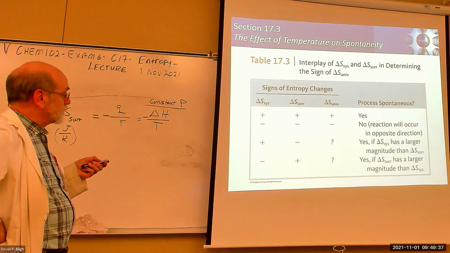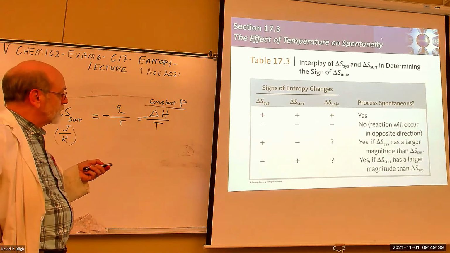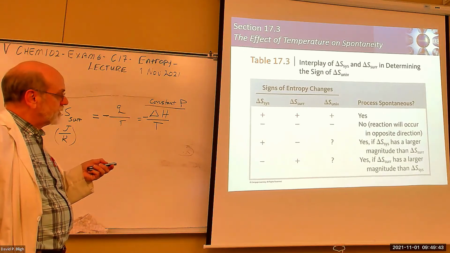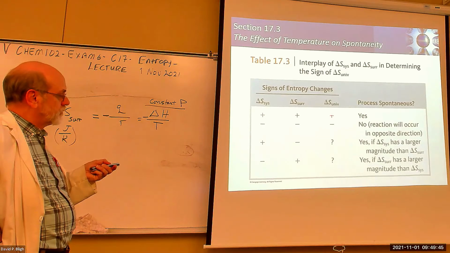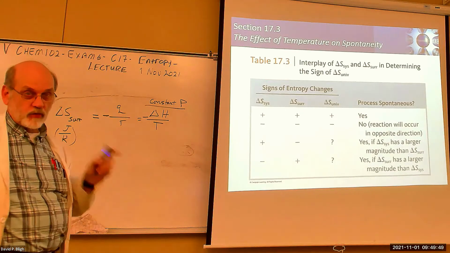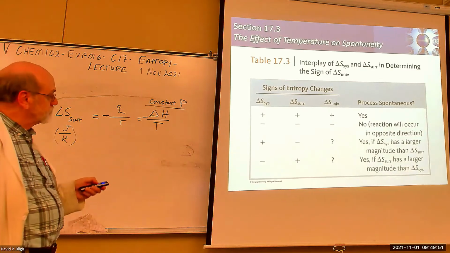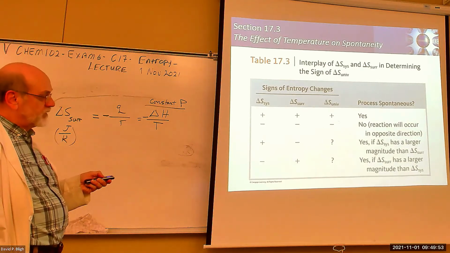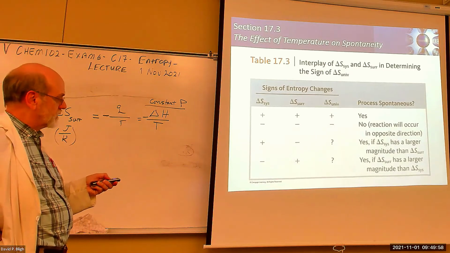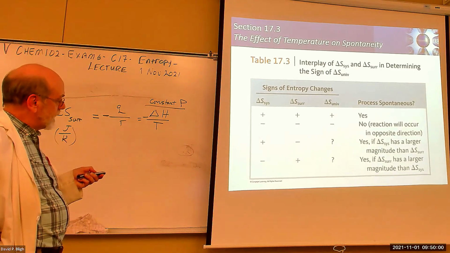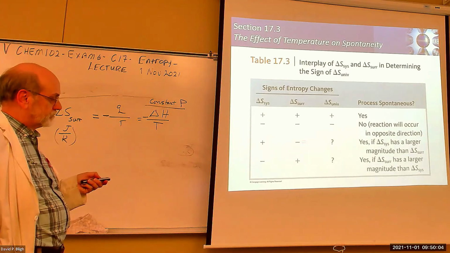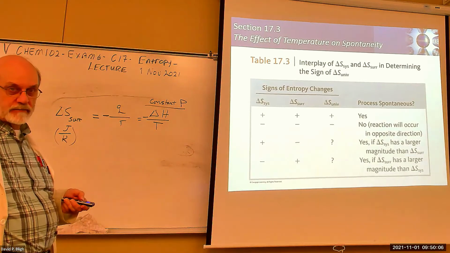If the delta S for the system and the delta S for the surroundings are both positive, then the delta S for both of them together, the sum, is positive. That means this process will be spontaneous. If they're both negative, no reaction will occur. The process is not spontaneous. And then if they have different signs, it all depends on the magnitude. Which one's bigger?